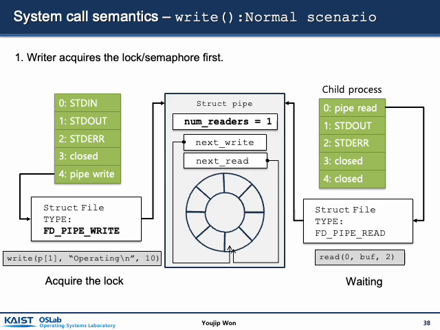First of all, the writer process acquires the lock related to the pipe. Then the writer process writes the string "operating" on the pipe buffer.